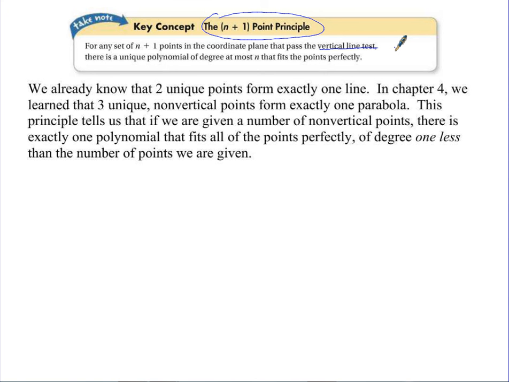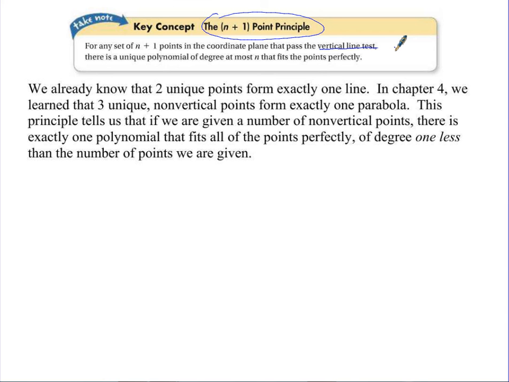If I give you 3 points, then you can give me a 2nd degree polynomial that passes through all 3 of those points perfectly. If I give you 2 points, you can give me a 1st degree polynomial. Okay? If I give you 99 points, you can give me a 98th degree polynomial that passes through all of those points perfectly. That's what the n plus 1 point principle says.